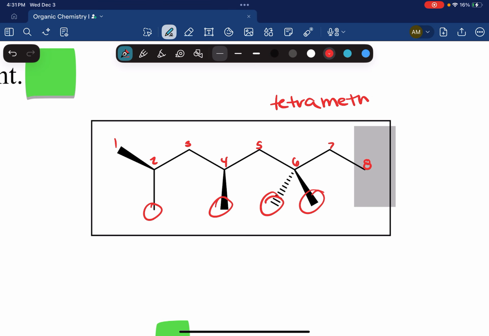So we're a tetramethyl compound. And we've got them on 2, 4, and then both on 6. So we're 2, 4, 6 tetramethyl. Stereocenters, this isn't 1. 2 methyl groups. This is 1. This is not 1. Okay, so we've got 1 stereocenter.